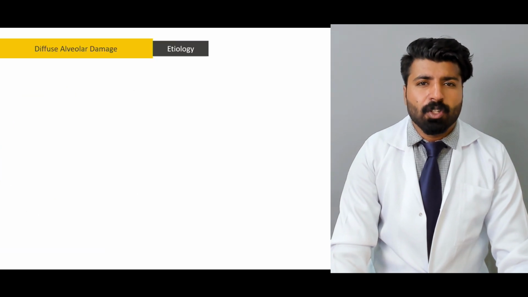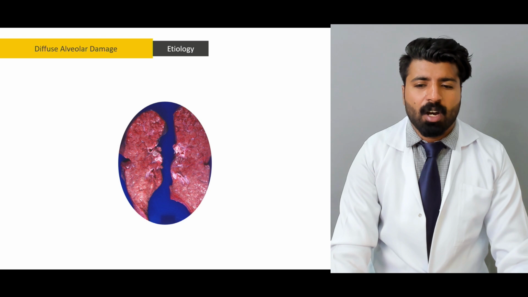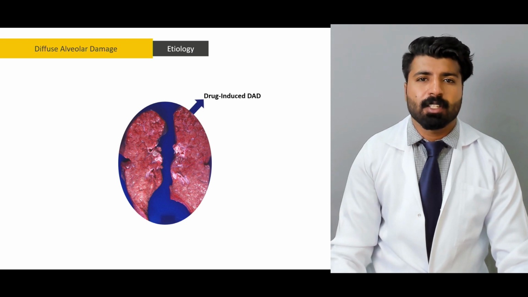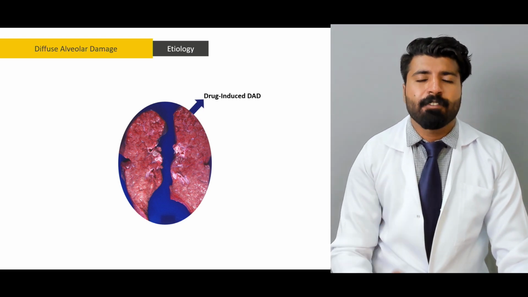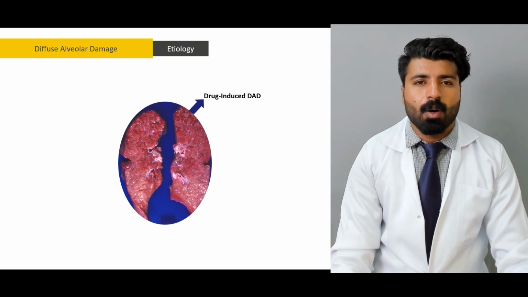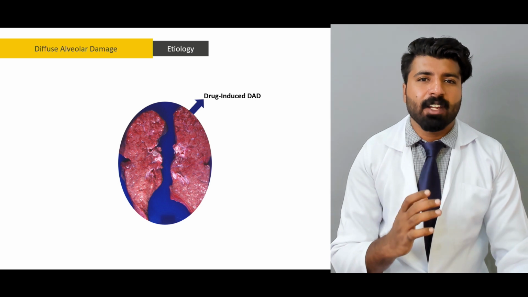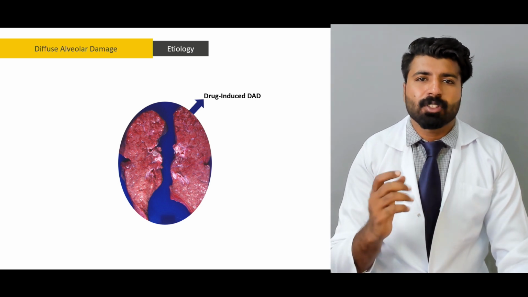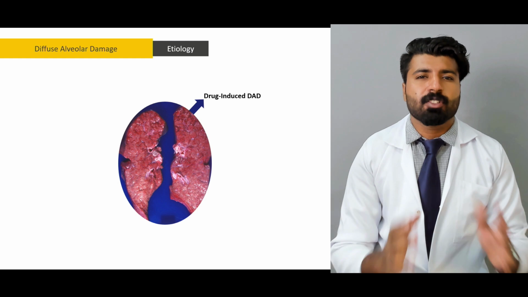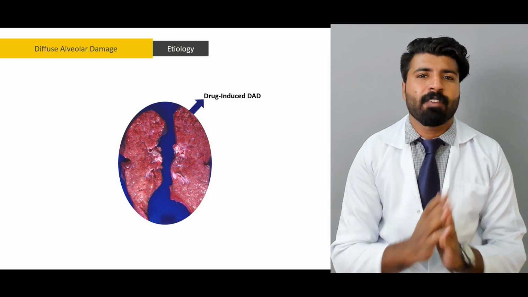So etiology or the risk factors in this condition are drug-induced DAD, drug-induced diffuse alveolar damage. What happens is that some drugs are going to affect your lungs in such a way that alveoli are filled with pus or these substances. Which drugs do you think are going to affect it in that way?